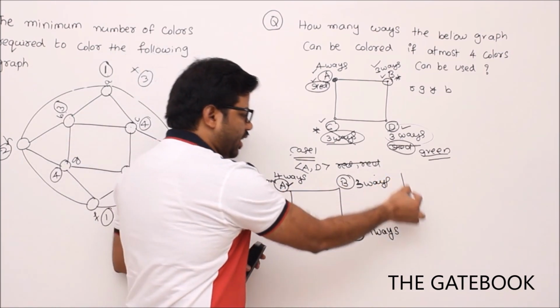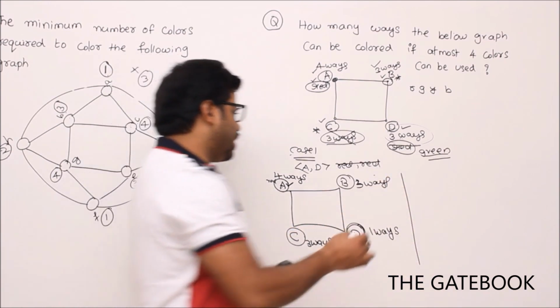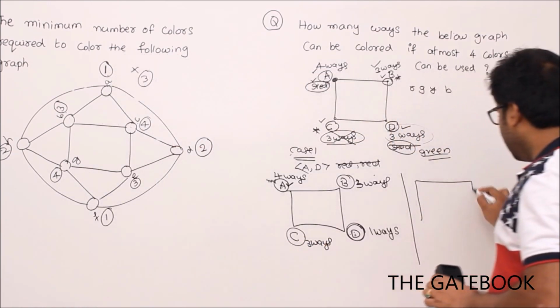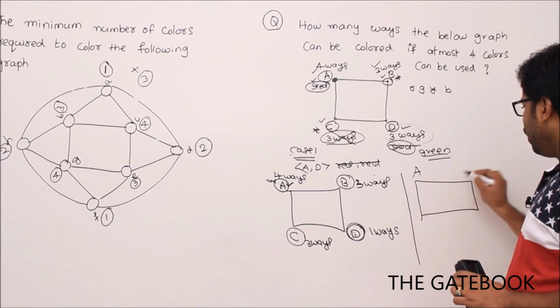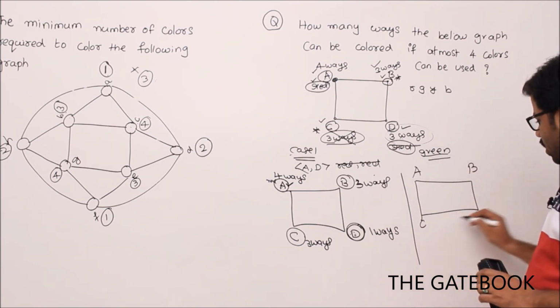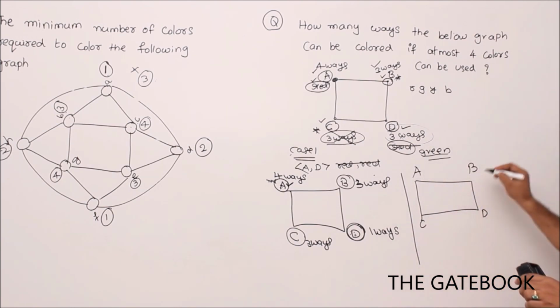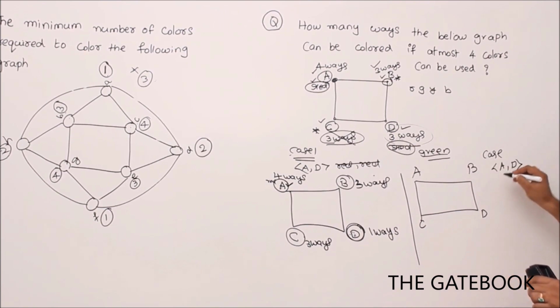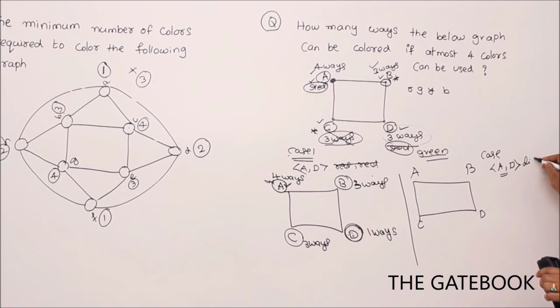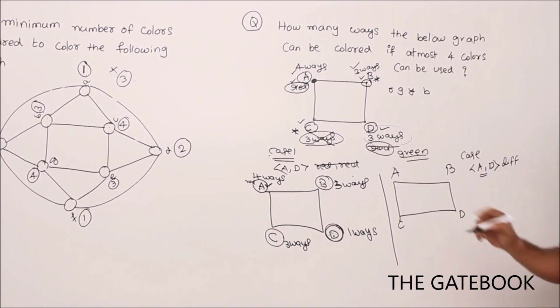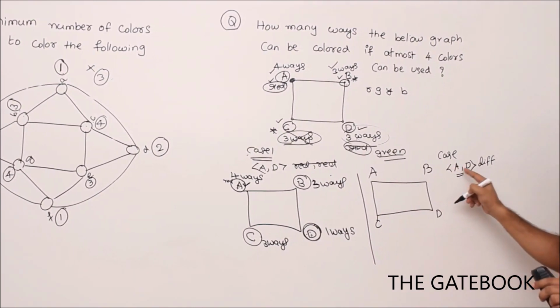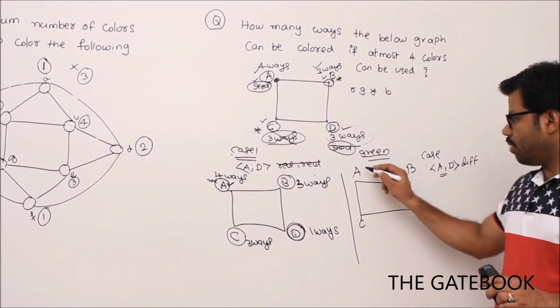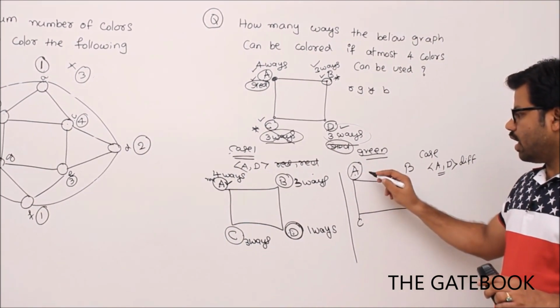Now go to the second case. What is that second case? The second case is the same graph A, B, C, D, but this time case number 2. That means A comma D doesn't have the same color. That means different colors. Let's try that. If A comma D have different colors, let's see what happens. How many ways can you color A?